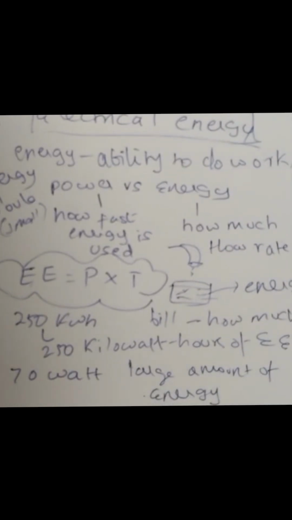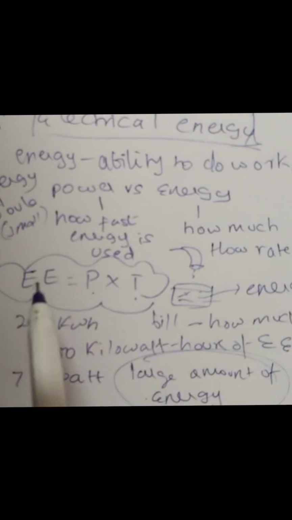It's not that a 70-watt fan uses less electricity regardless; it depends on how much energy is used. So both power and time determine the energy consumption.